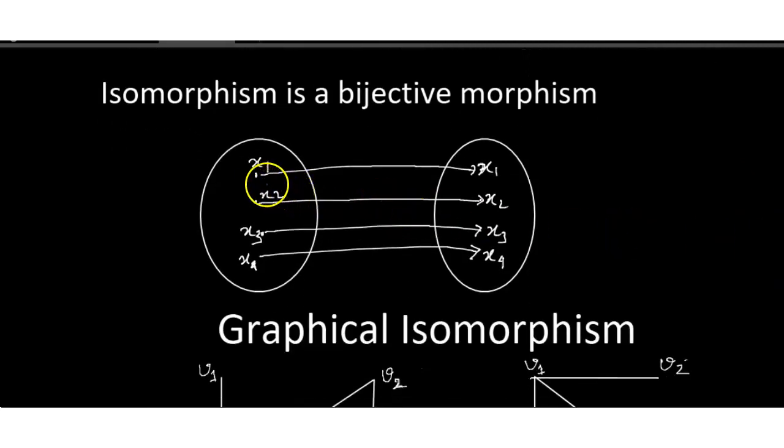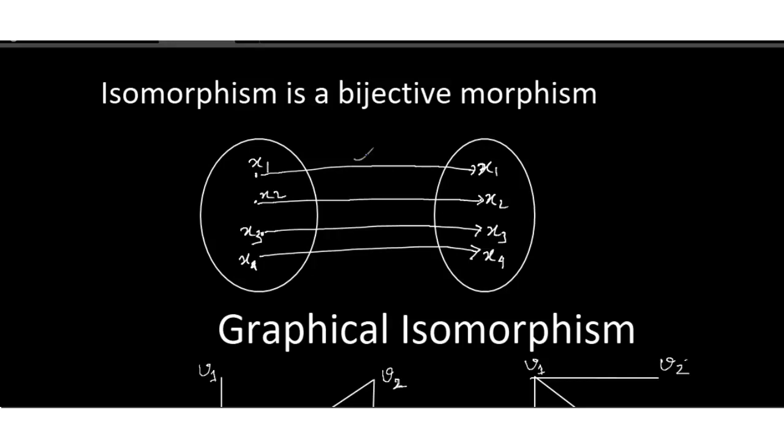Now this is the point. We have a group x1, x2, x3, x4, and each one of them is mapped, corresponding with each other. This term bijective morphism, what does it actually mean?